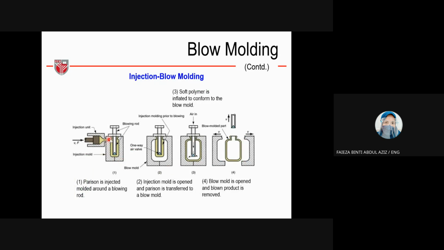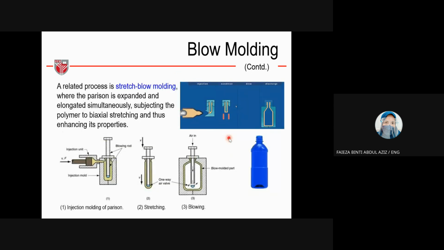You can see the details here. This is the blowing. The parison is injected around the blowing rod, and then we blow here. And this is the final part. The blow mold is open and the part is removed.